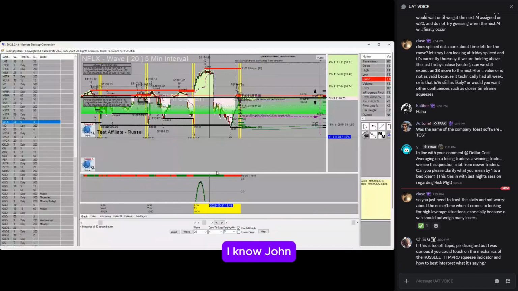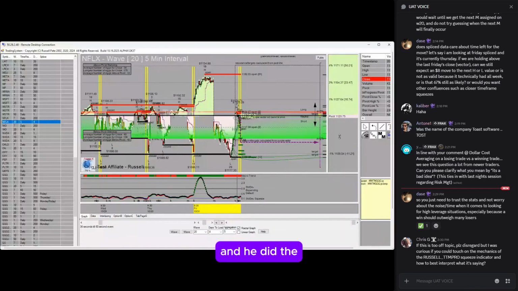Oh, I know John Carter did that, and he did the Keltner channels and standard deviation, which is fine. Personally, when I first started doing squeeze stuff, compression, back in the 90s, I started doing it like this because I like to see the proximity to the squeeze line.